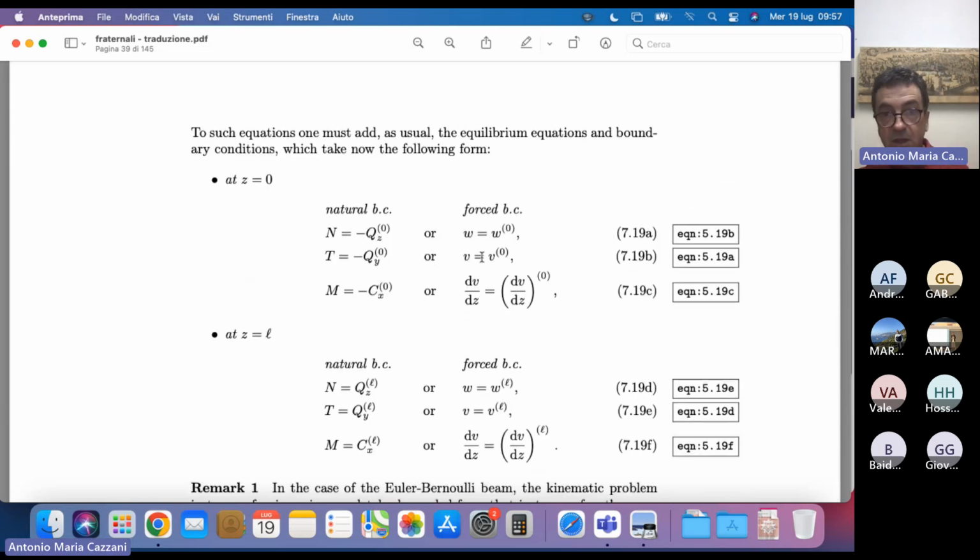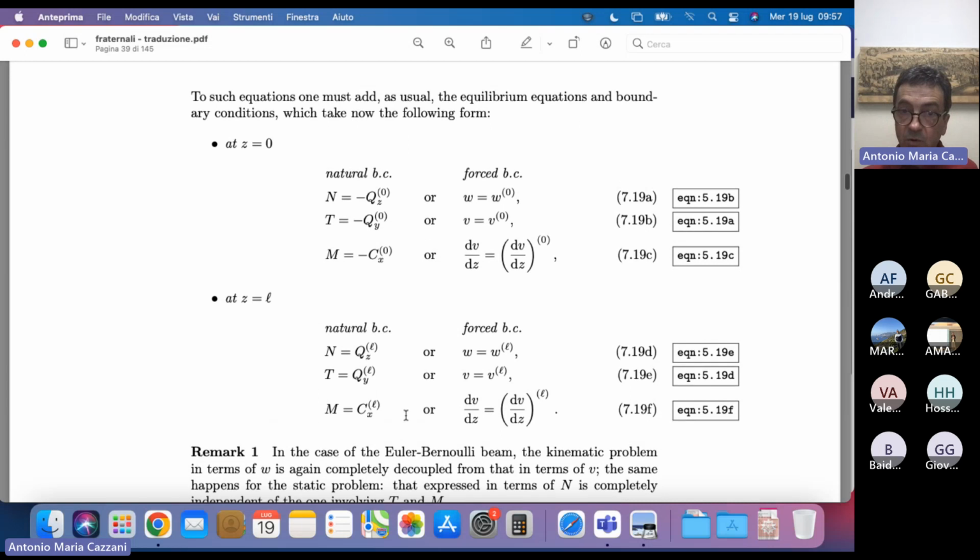And of course, in this case, the natural boundary conditions are exactly the same as before. But if we look at the forced boundary conditions, we cannot prescribe anything about the cross-section rotation, but we can say something about dv over dz, which represents the rotation of the axis line.